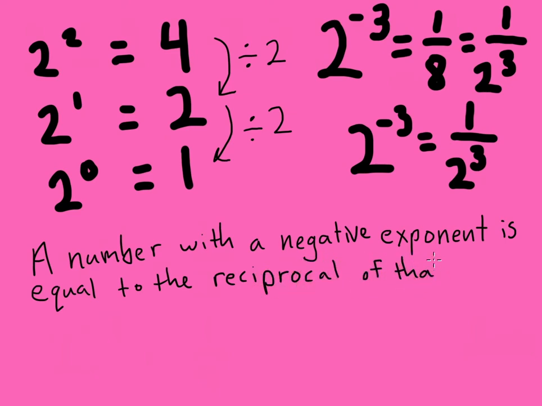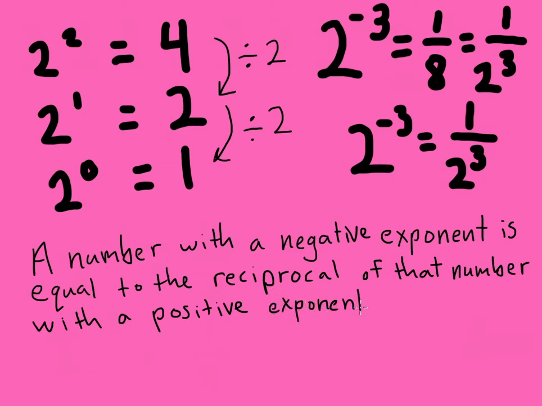It is equal to the reciprocal of that number with a positive exponent. So a number with a negative exponent is equal to the reciprocal of that number with a positive exponent. So 2 to the negative 3rd power is the same thing as 1 over 2 to the 3rd power.